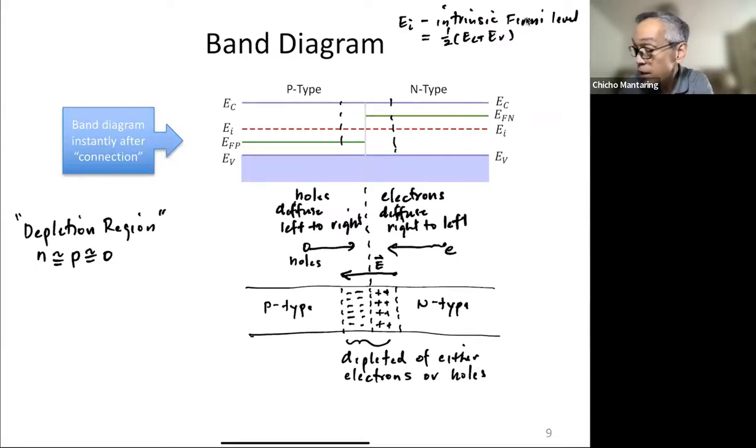Drift is electrons flowing opposite the electric field and holes flowing in the same direction as the electric field. So are there electrons from the p side that can go to the n side? No. The answer is yes. Because you have what are called intrinsic carriers. Intrinsic carriers, those are carriers that are intrinsic to the material.